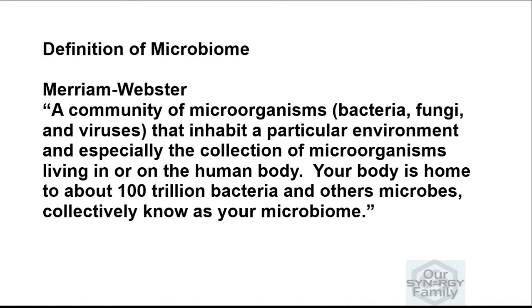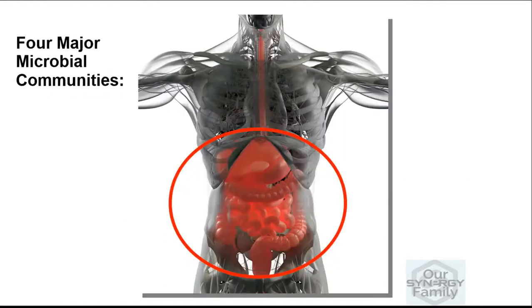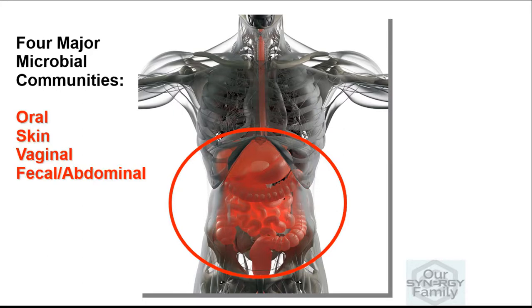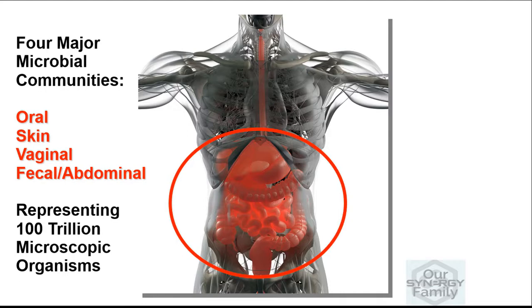Your body is home to about 100 trillion bacteria and other microbes, collectively known as your microbiome. So what does this mean? On and in your body, there are 4 major microbial communities: oral, skin, vaginal, fecal, and abdominal. And when added together, this represents about 100 trillion microscopic organisms.